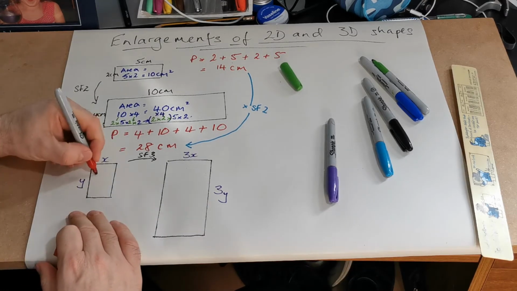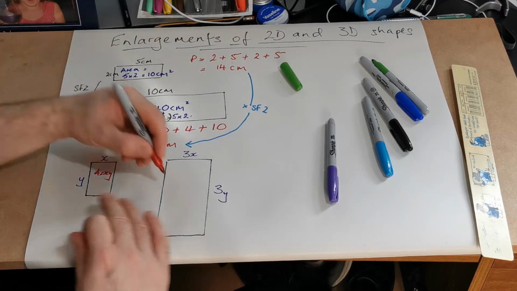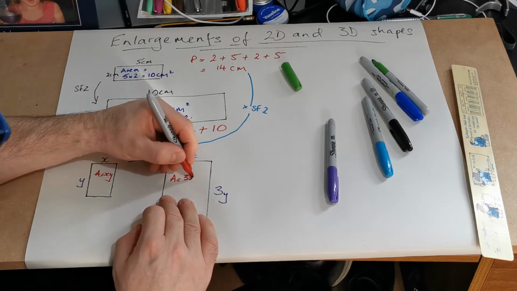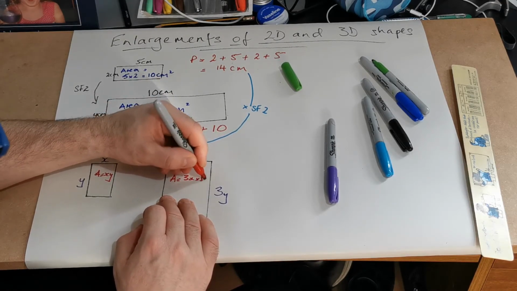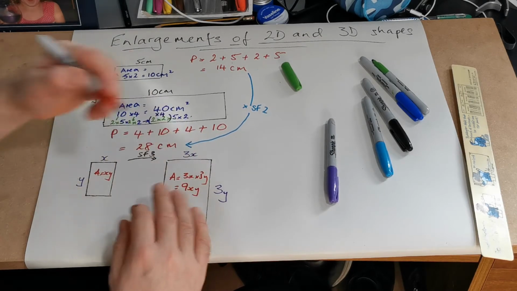You can see the area is xy, and the area in this one is 3x times 3y, which is 9xy.